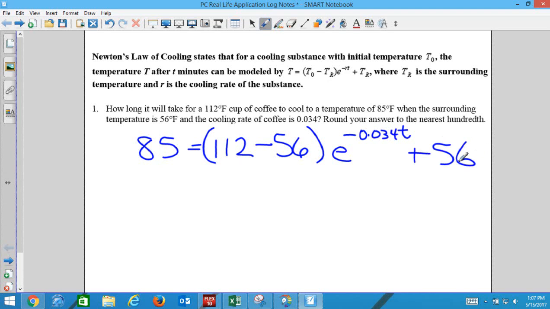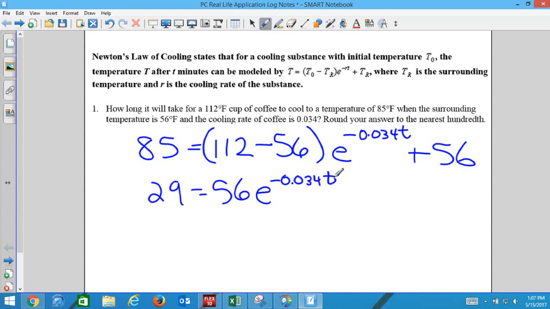So we're going to solve the equation. We get the exponential part by itself first. Subtract 56 on both sides and simplify the parentheses. So we're going to have 29 equals 56 times e to the negative 0.034 t.